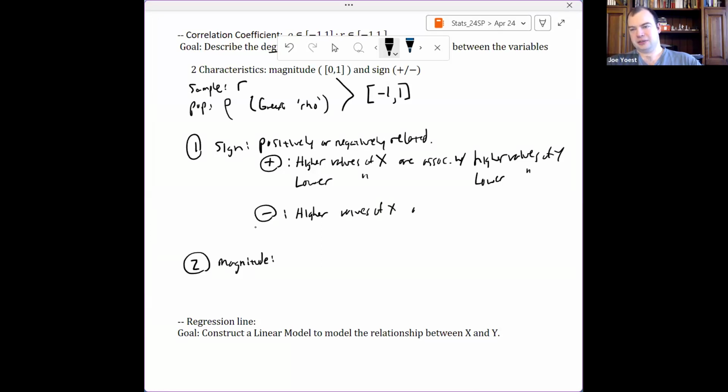Higher values of x are associated with lower values of y, and lower values of x are associated with higher values of y.